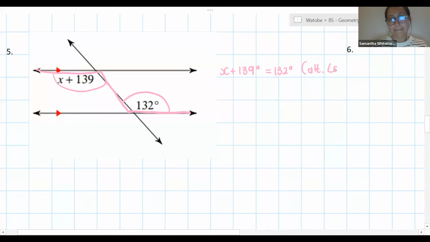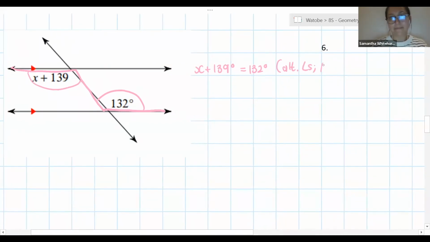Then x equals 132 minus 139. Then x is equal to -7 degrees. Perfect. Awesome. Well done. Take a screenshot. So all those hands, if you are there to answer the question, lower your hands. If you are there to ask a question, then keep your hand up.